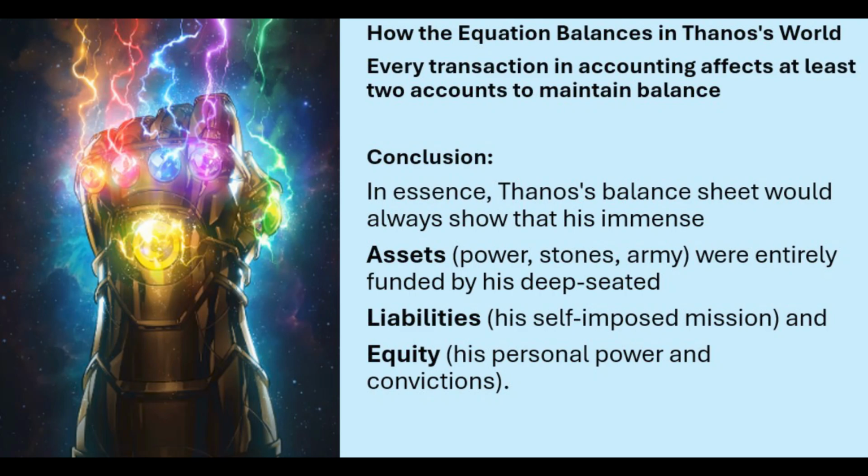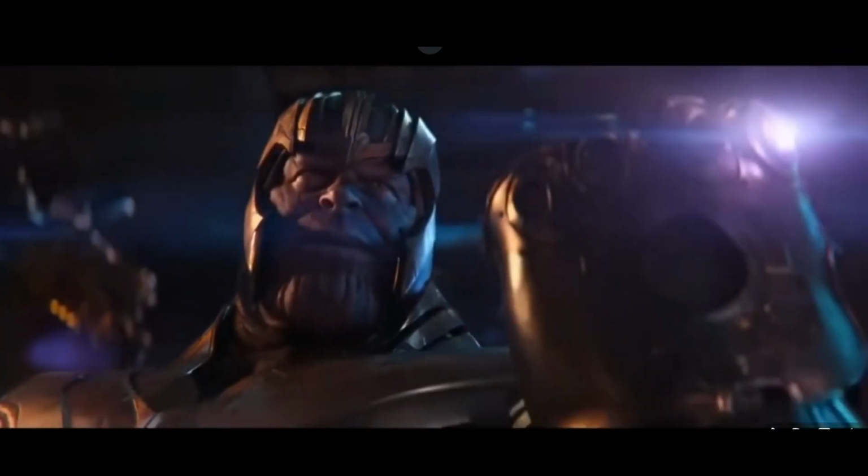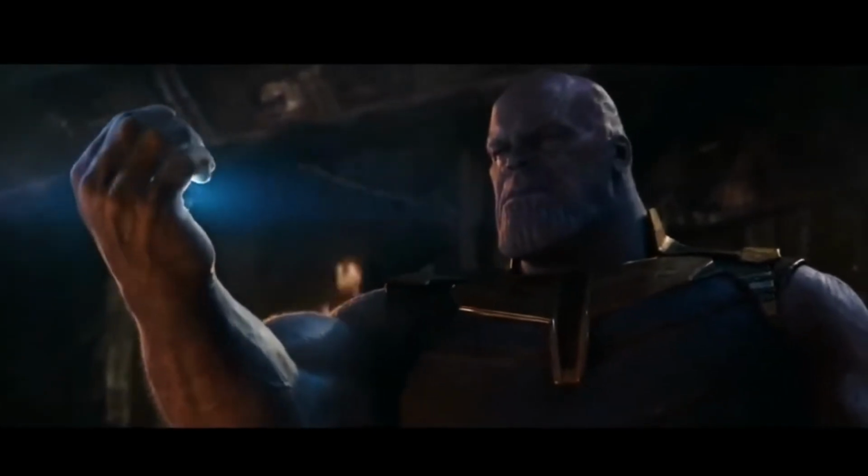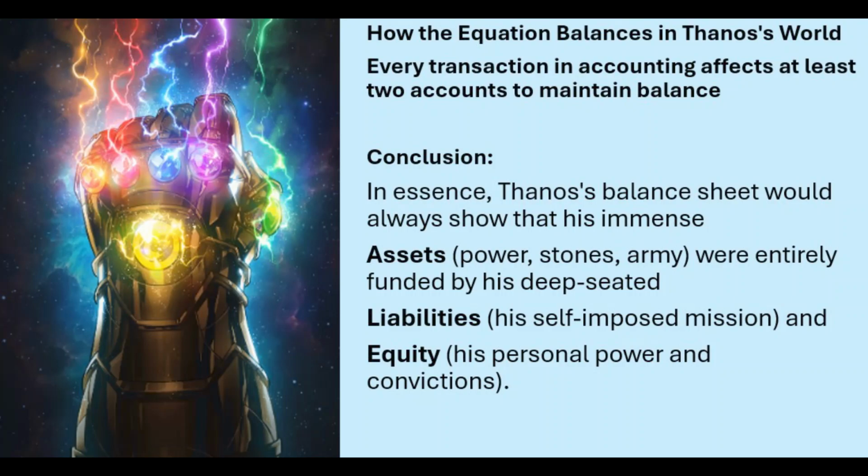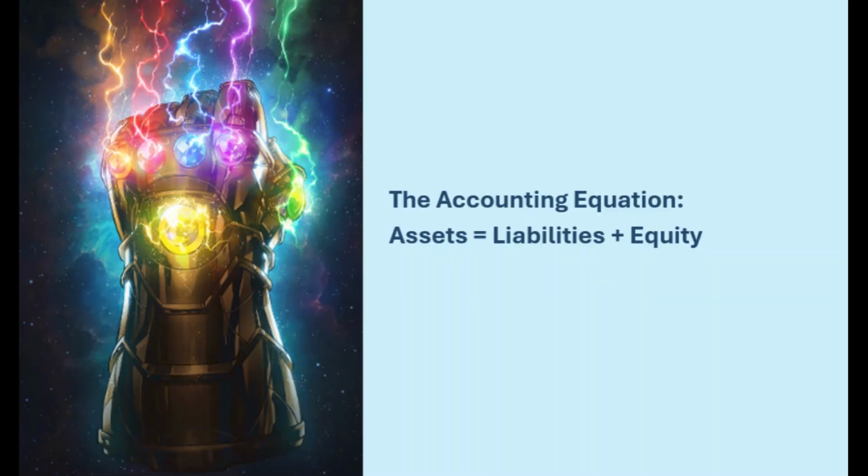Thanos' balance sheet would show that his assets were entirely funded by his liabilities and equity. So his power, his stones, the army, what have you, were entirely funded by his deep-seated, self-imposed mission, which led to his equity, his personal power, and conviction. That is the accounting equation with Thanos as an example.